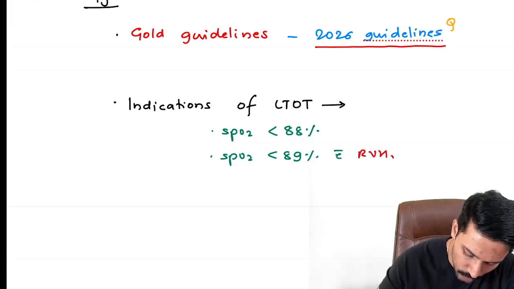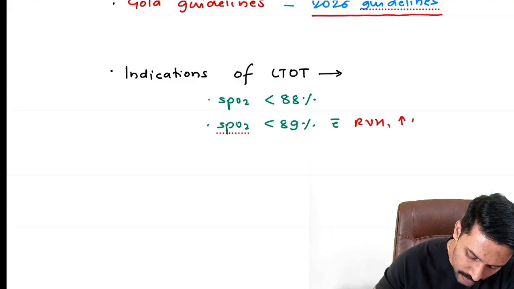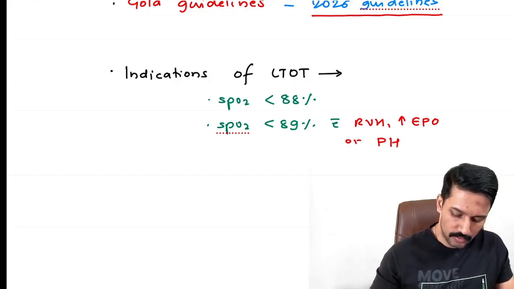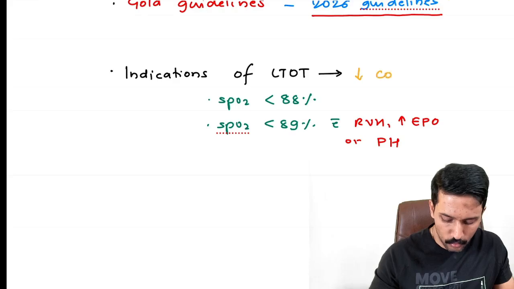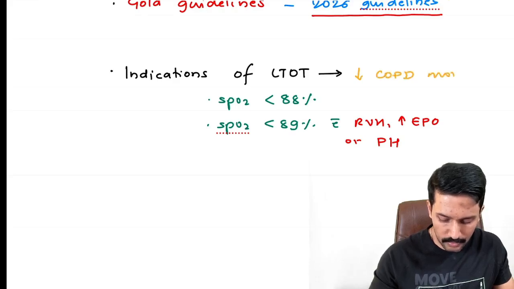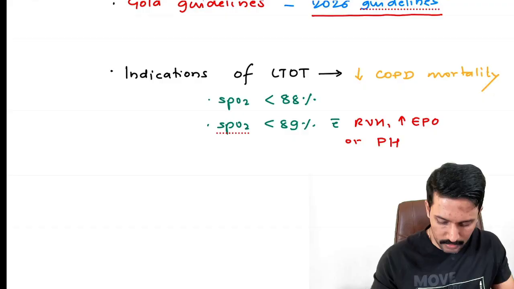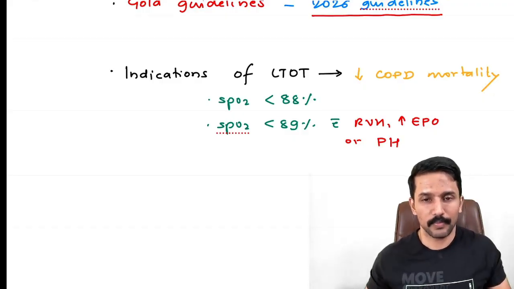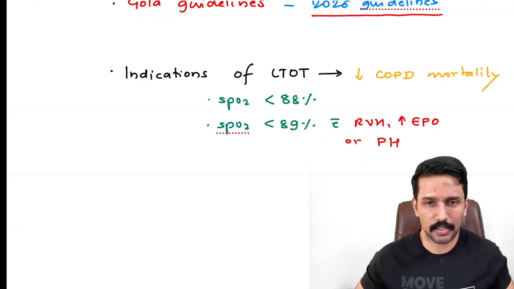If the patient has right ventricular hypertrophy, increased erythropoietin, or if the patient has pulmonary hypertension. And what is the advantage of this long-term oxygen therapy? It decreases COPD mortality. It is the only intervention or treatment that decreases COPD mortality, apart from, yes, smoking cessation.